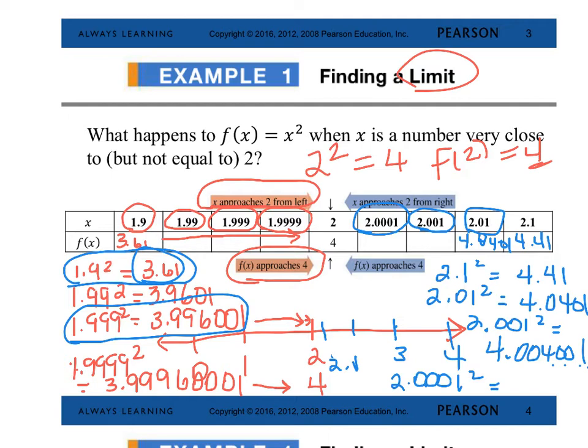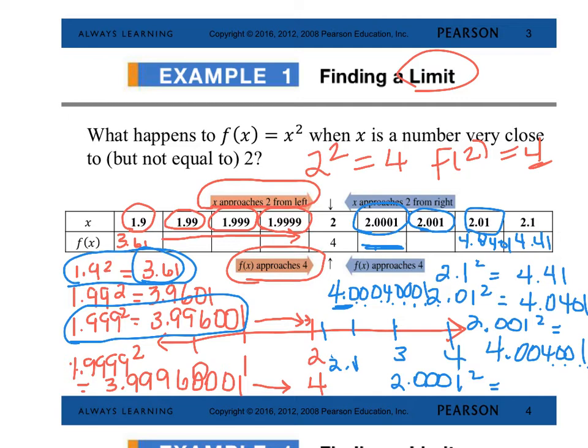And here we see that the number that we get in this square right here is going to be 4.000400001. And that's 40,001 hundred millionths more than 4. So that's pretty close to just 4.